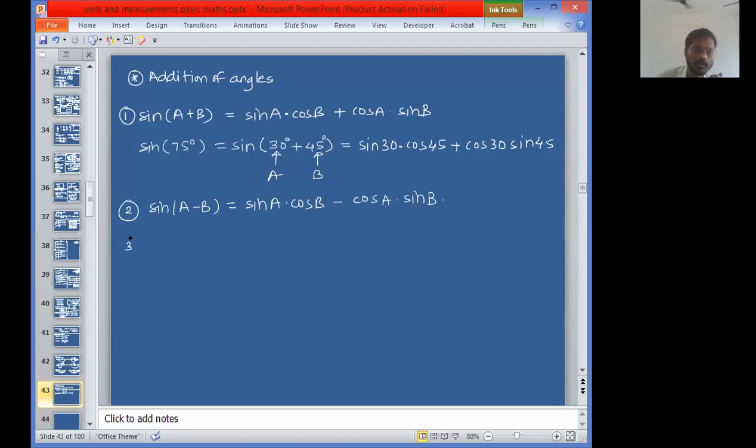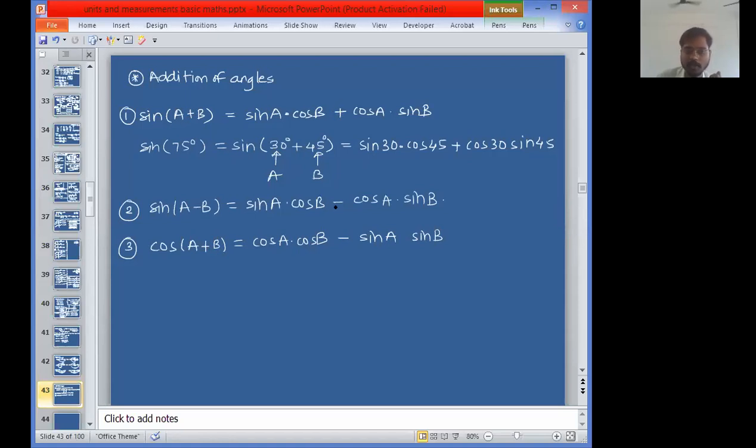Okay. Sir, what if we have cos of A plus B? Sin A plus B is done, sin A minus B is done. Now cos of A plus B. Very simple. Cos A cos B minus sin A sin B. Here if we have plus, here also we have plus.